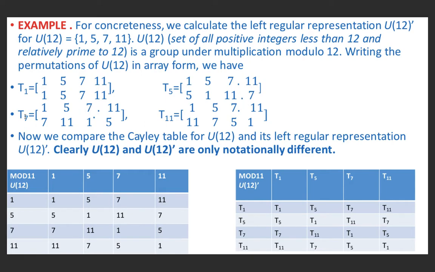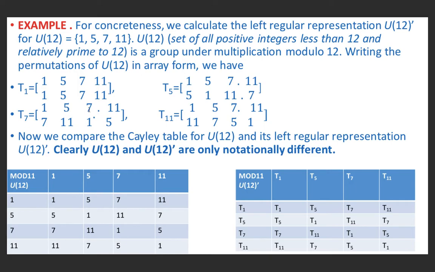Now we operate the elements of the first row with 7, denoted by T7. So 7 star 1 is 7. 7 star 5 is 35; if we divide 35 by 12, 12 twos are 24, 35 minus 24 is 11, so the remainder is 11.